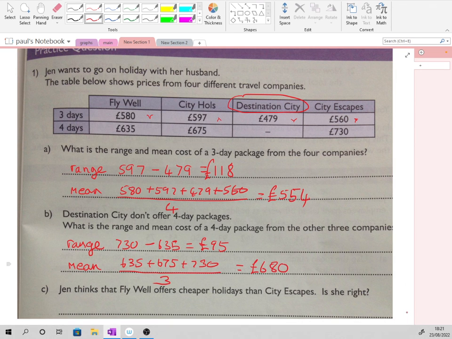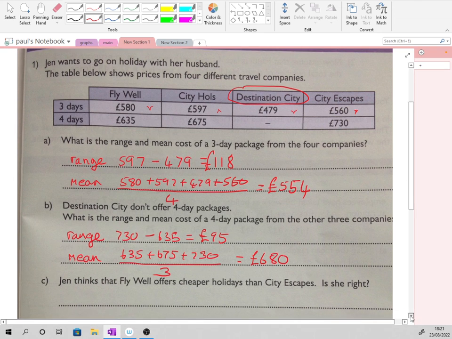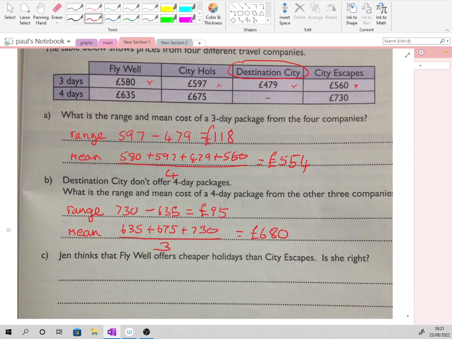Now, Jen thinks that Flywell offer cheaper holidays than City Escapes. Is she right? So what we've got to do is find the average, the mean, of City Escapes and Flywell.